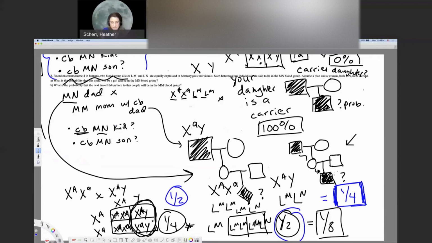MN 1/4. So it's a higher probability for the boy. So they know they're having a boy. What's the probability that he'll be colorblind? MN 1/4. Okay. Guess males got the short end of the stick when it came to that, huh? Well, yes.